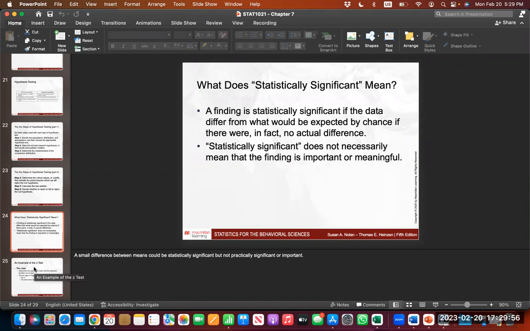And this is the distinction that Nolan and Heinz make, is statistically significant does not necessarily mean it's an important finding. Just because it's significant, that does not necessarily mean it's really useful. Particularly with large numbers, big data, you find everything to be significant. Doesn't necessarily really provide you much insight. So there's a distinction between statistically significant and important, clinically meaningful.